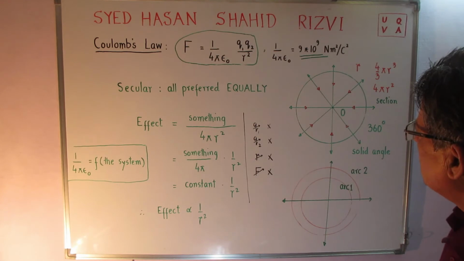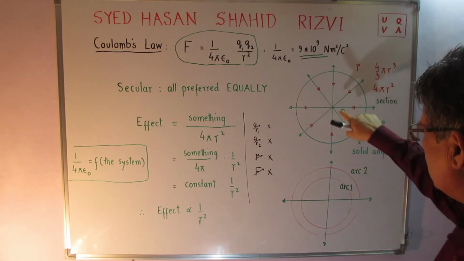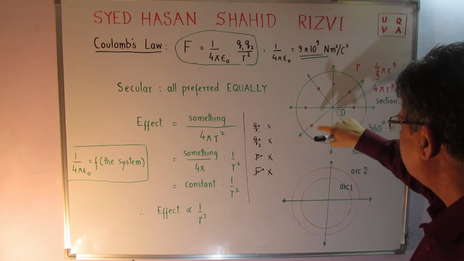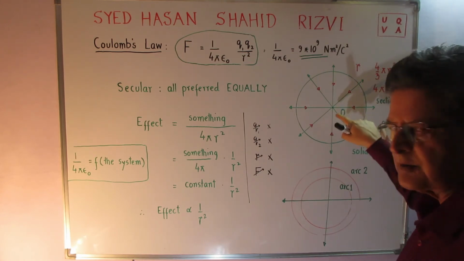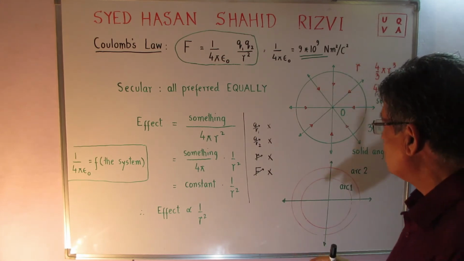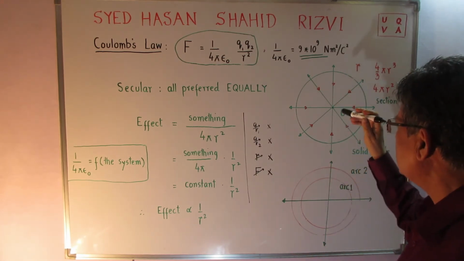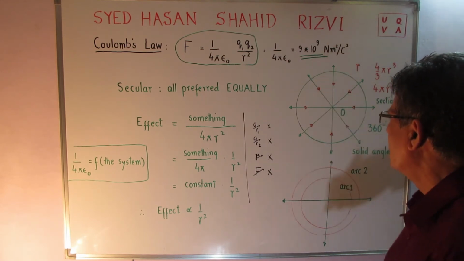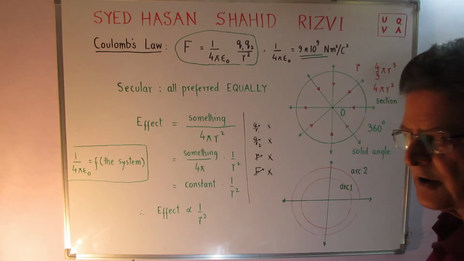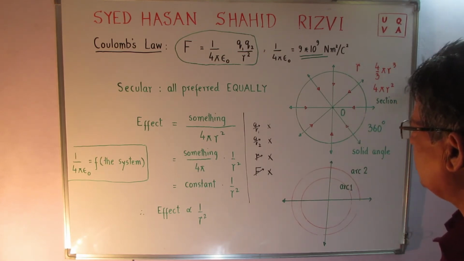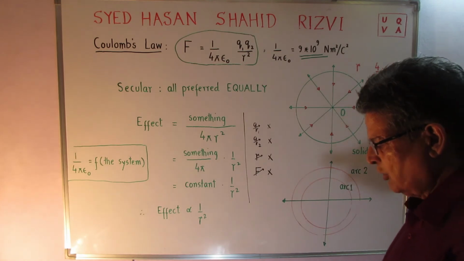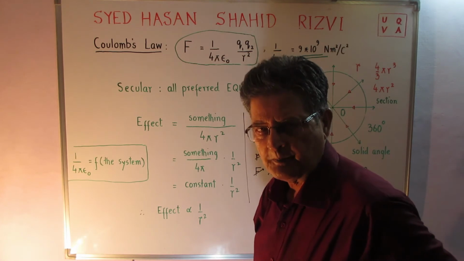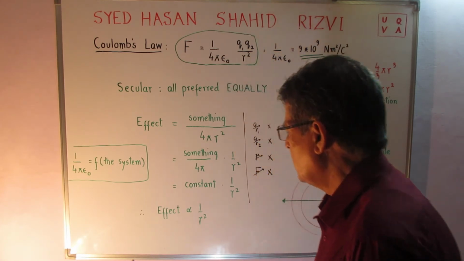Now, this is exactly what happens if you have a mass over here, and then lines of field come towards that mass. If there you have a positive charge, then the lines of field will go like this, equally diverted from each other. So all directions coming out of the spherical body are equally preferred.